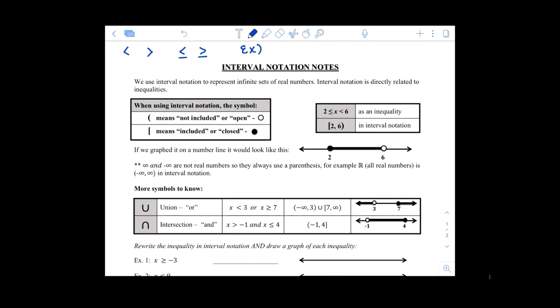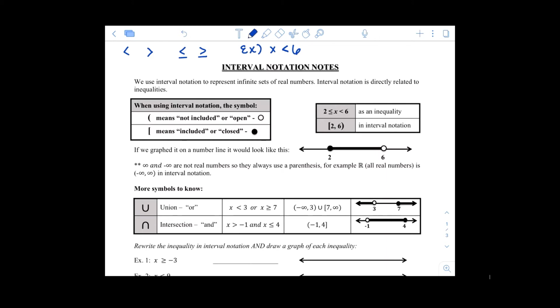Here's an example. If I told you this guy right here, I know that that's x is less than 6. But how do you know that that's x is less than 6? Yes, the alligator mouth is pointing to the x, but more importantly, that mouth is open towards the 6.